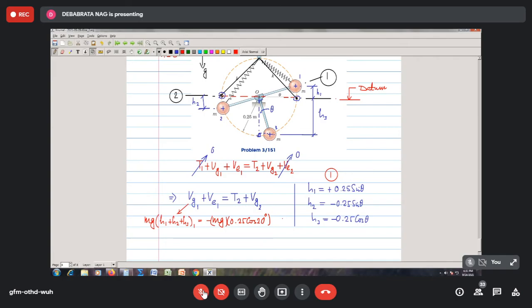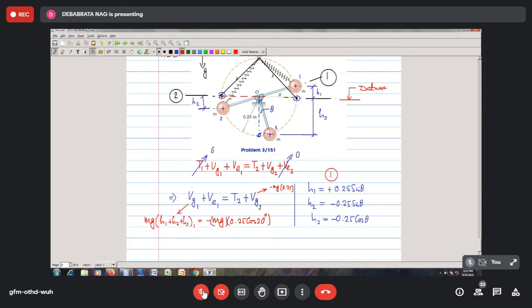And when theta becomes equal to 0, the H3 term becomes entirely minus 0.25. So I can write this as minus mg into 0.25. That is the VG2 term.